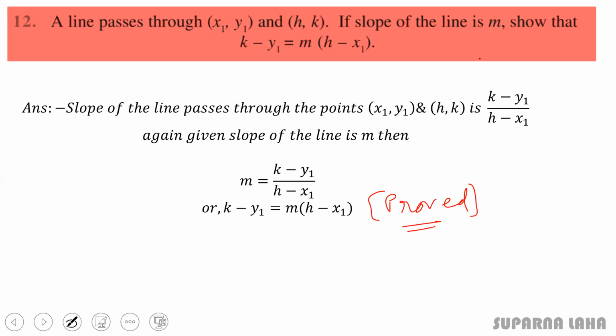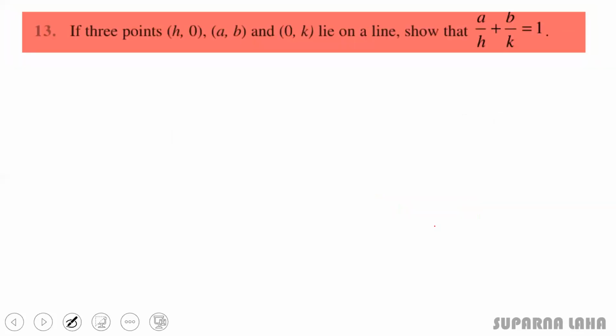So moving to the next one. Question number 13. If three points h, 0, a, b and 0, k lie on a line, show that a by h plus b by k equals 1. If they are lying on a straight line, that means the area made by these three points should be 0, or the slopes are equal.